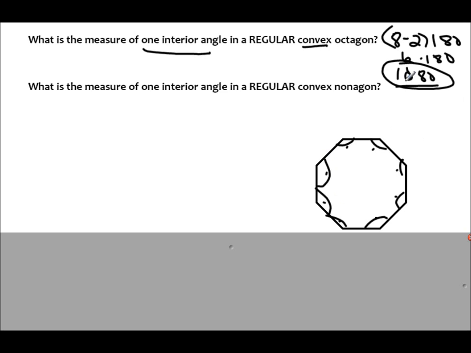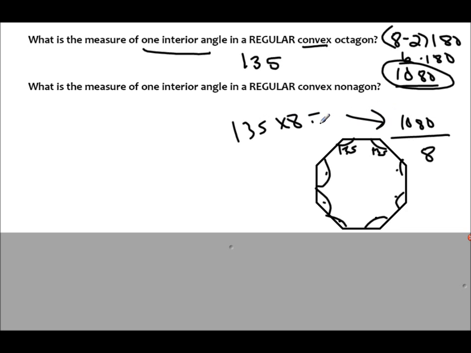So I have 1080 degrees to split evenly amongst 8 angles. So I take that 1080 and I divide it by 8. So that gives me each angle is 135. And check it. 135 8 times should equal 1080.